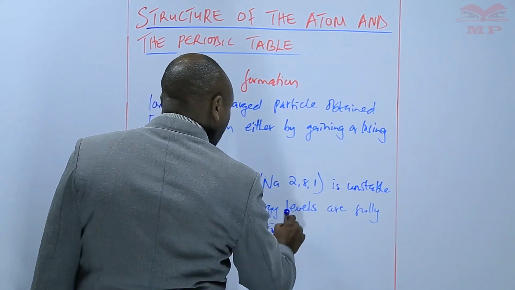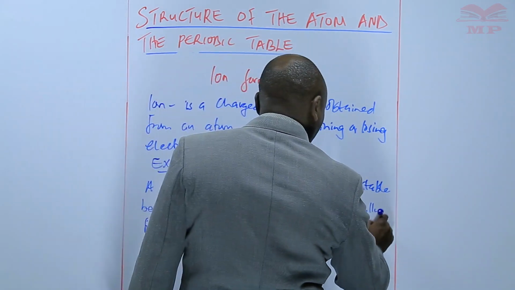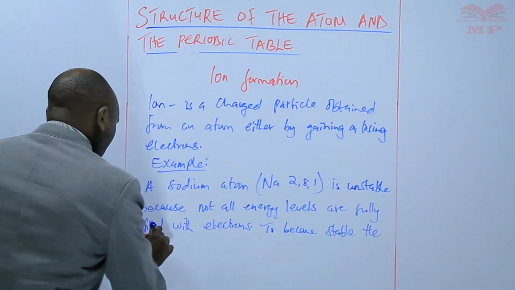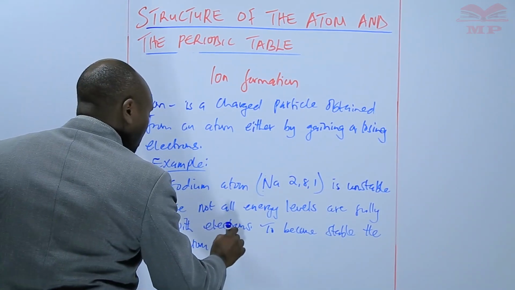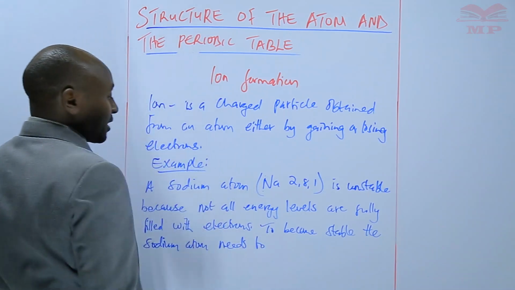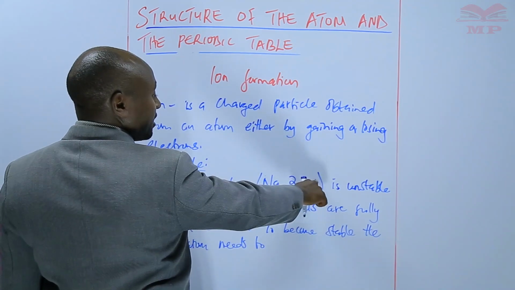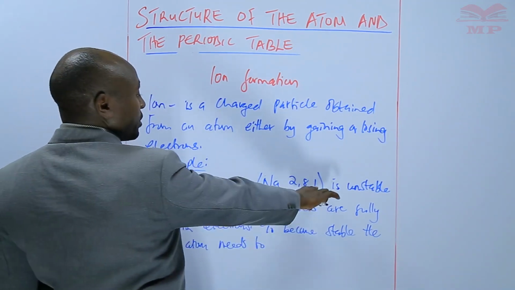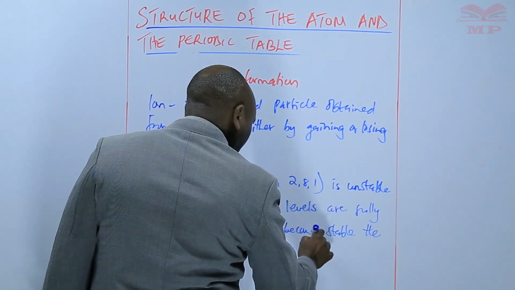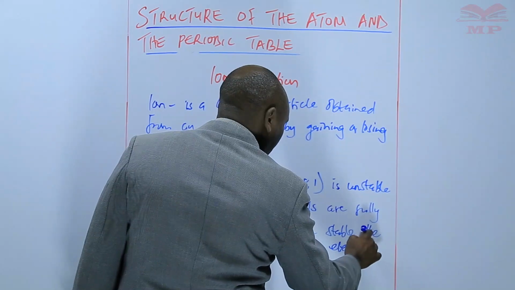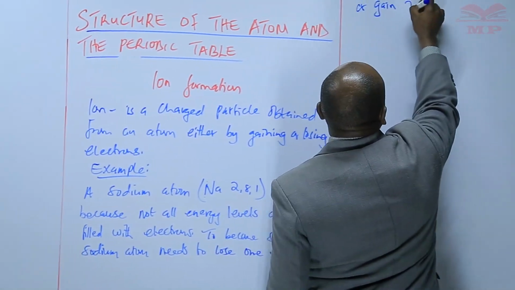So to become stable, the sodium atom needs to either lose this 1 electron or to gain 7 electrons, so that either this energy level is not there or we have 8.